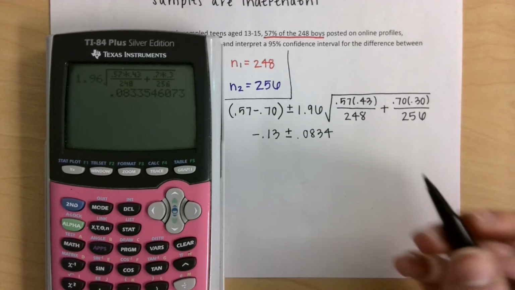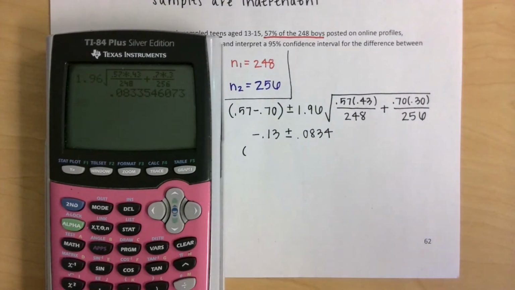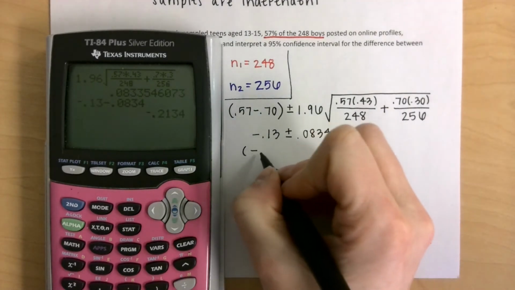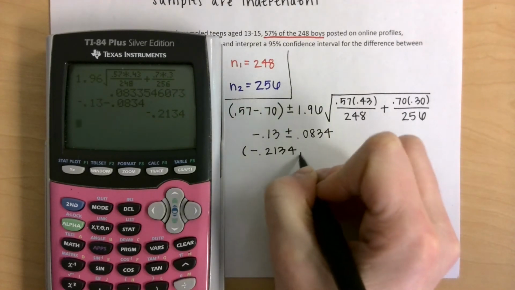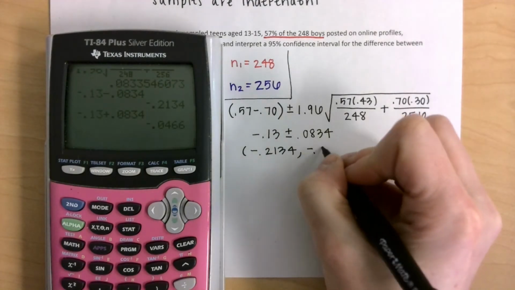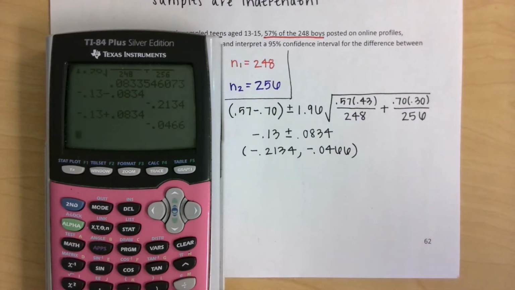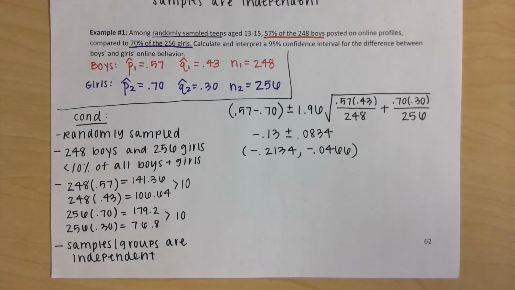Right, just like we saw with the first confidence intervals, I'm now going to add and subtract. Okay, now what does this mean? We have to interpret. So our interpretation should start off the same way as our one proportion confidence intervals did.